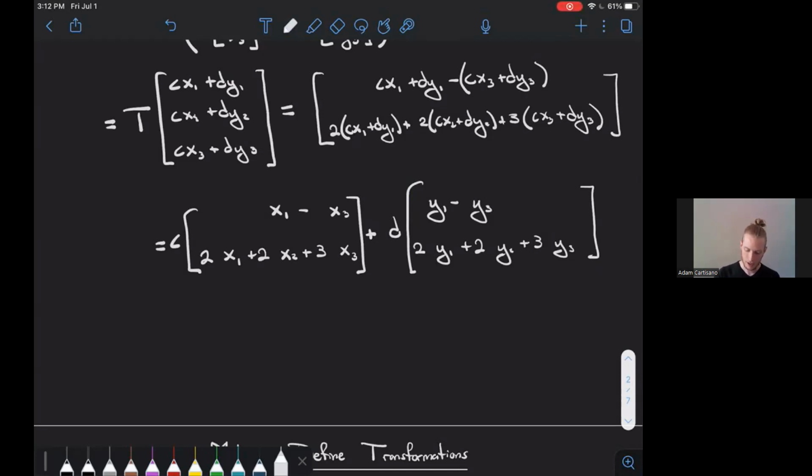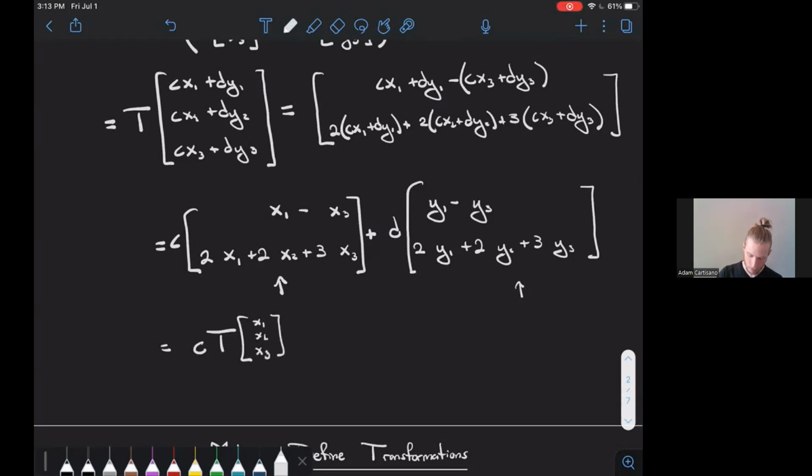But notice this vector is precisely T of x1, x2, x3, and the second one is precisely T of y1, y2, y3. So I can write this as c T of x1, x2, x3.